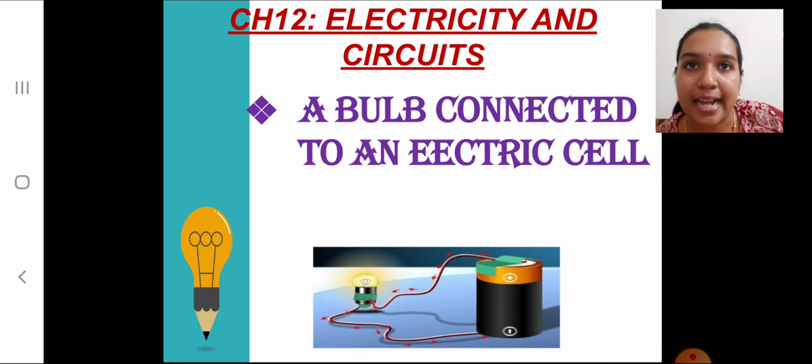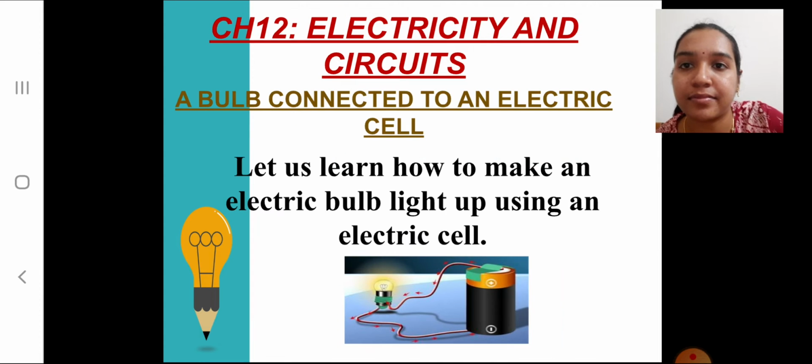In today's class, we will be learning about how a bulb lights up when connected to an electric cell. To understand this, we have to learn what all are included to complete this task and how you will connect them.